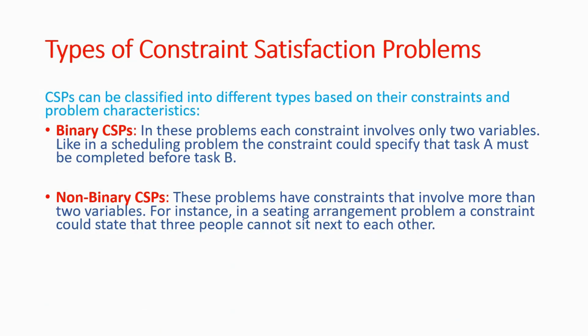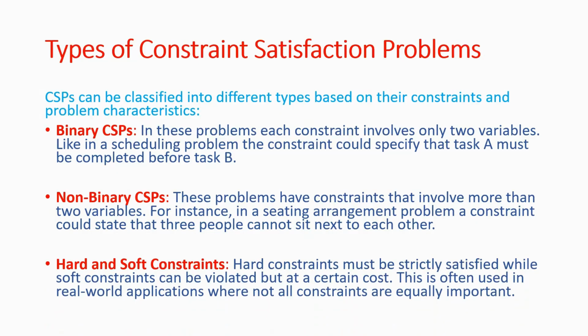While higher order constraints can often be converted into an equivalent set of binary constraints, sometimes by introducing auxiliary variables, it's often more natural and clear to express them directly as non-binary constraints. In a seating arrangement problem, a constraint could state that three people cannot sit next to each other. This is a constraint involving three variables, the three people, we can say that.